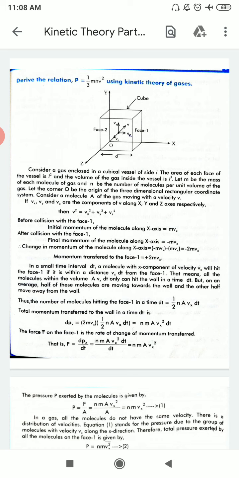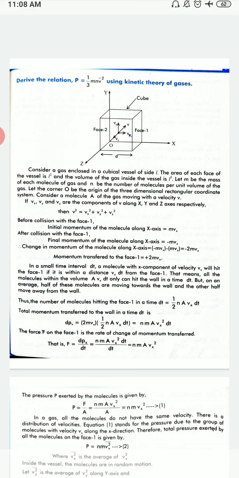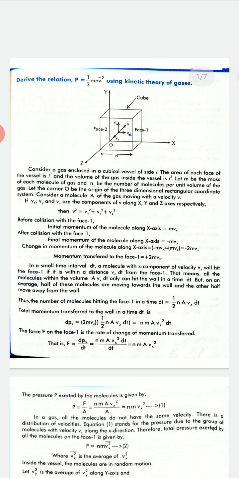It is a three dimensional object, so according to the diagram you see the x axis, y axis and z axis. It has some length along the x axis, some breadth along the y axis, and some height along the z axis. Here the length, breadth and height are all the same.